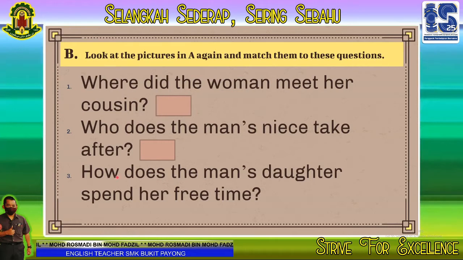So the question asked, how does the man's daughter spend her free time? Bagaimana anak perempuan lelaki itu meluangkan masa lapangnya? The answers here related to A, B, C of the pictures. Yang tu sekali kita akan jawab after we listen to the audio.